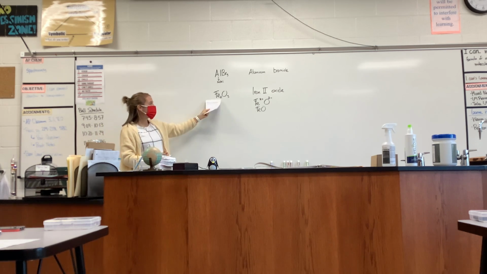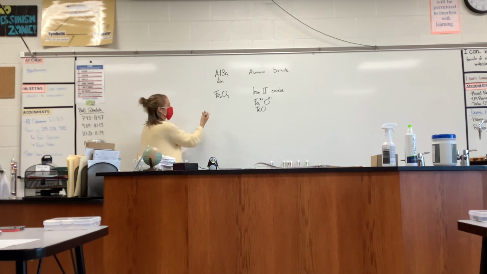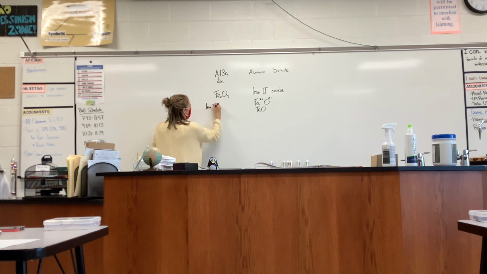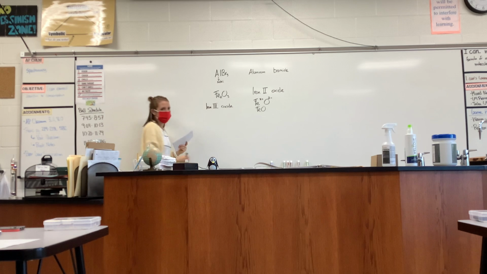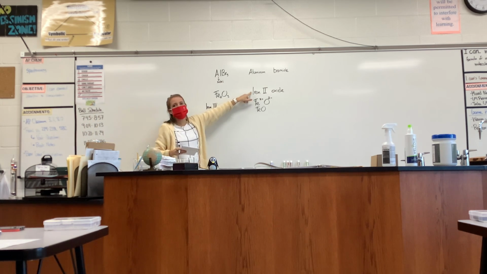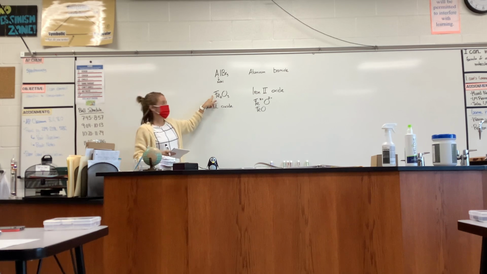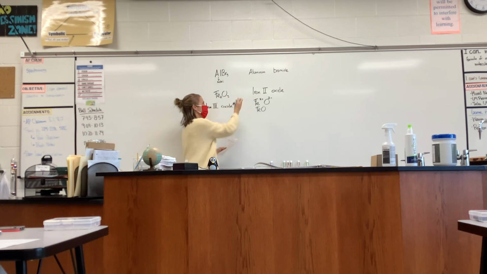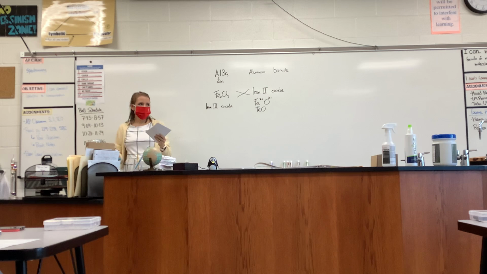The correct name for this formula would have actually been iron(III) oxide. So you could have corrected it either way. So this matches that, but those don't go together, right?